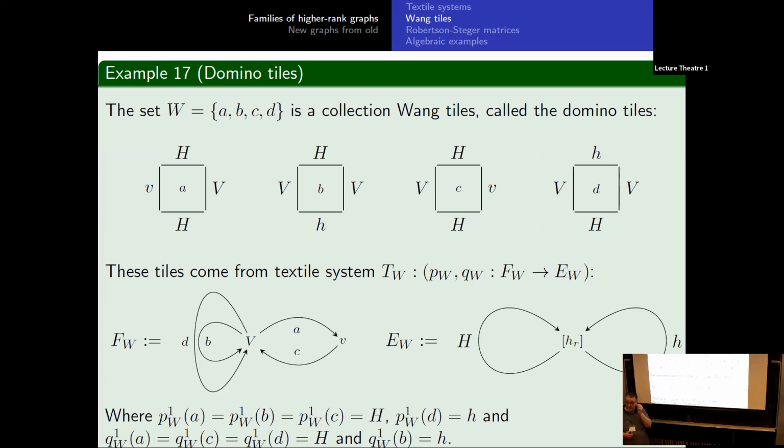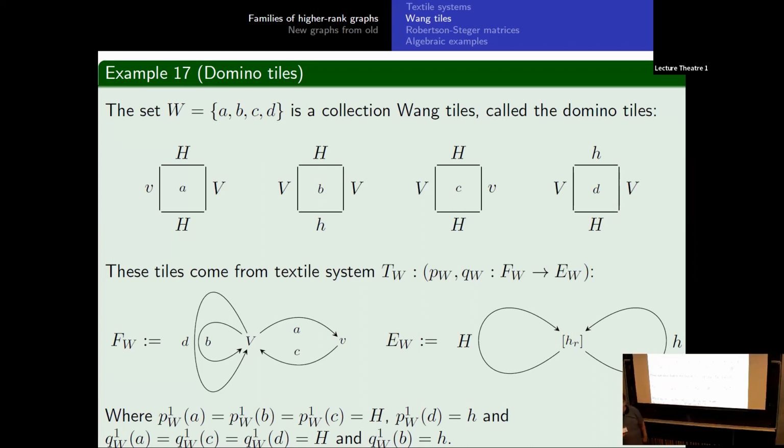Remember, the squares are labeled by the edges of the top graph. So this is what I meant by keeping control of the output. You've got a natural parameterizing set for the squares. And that will allow you to compute the homology group and various other things quite easily if you want to. So there it is. That's what the construction gives you.